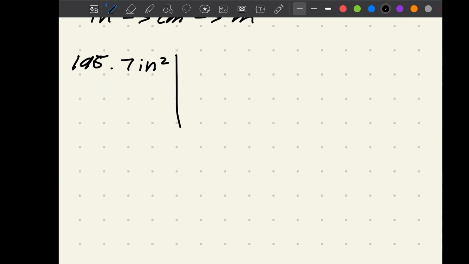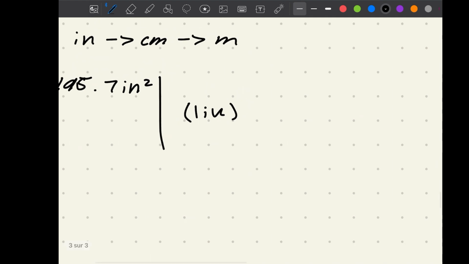So we have inches at the top and we have inches at the bottom. So 1 inch. But here's where this problem starts to differ. Since our inches here is squared, we need to square this inch right here. So what we do is just square this, and we have 2.54 centimeters.